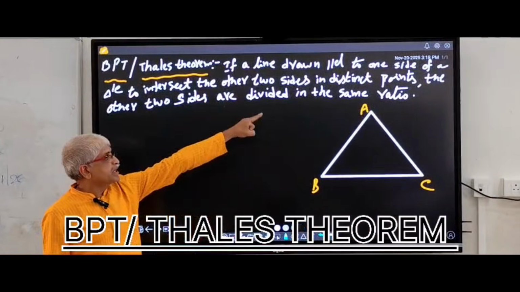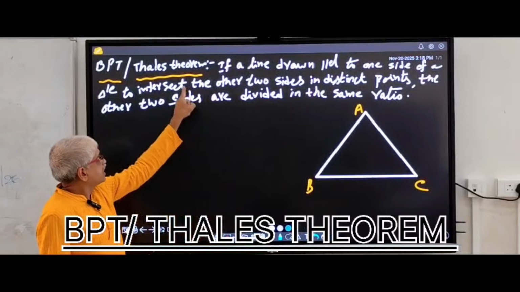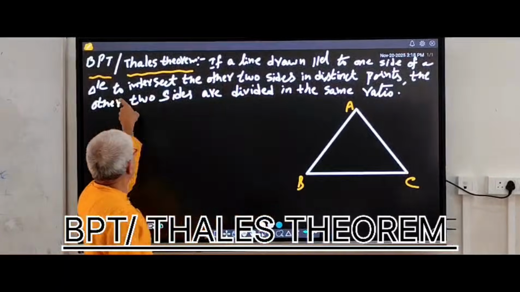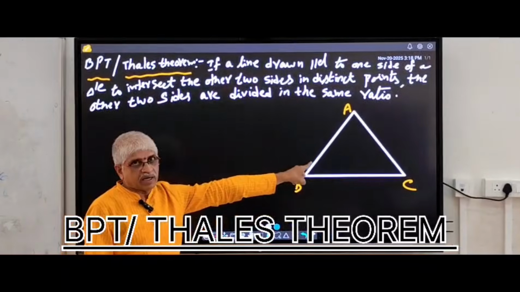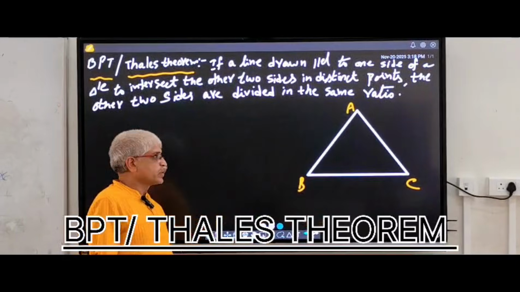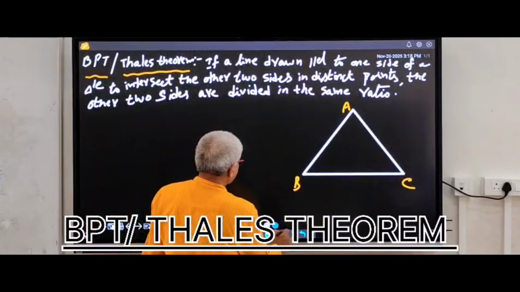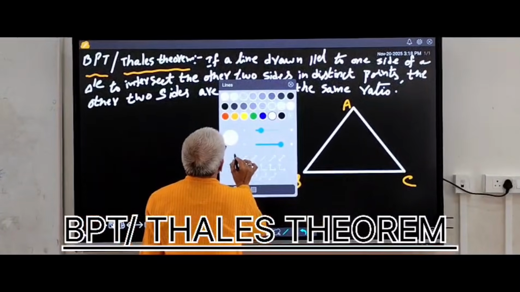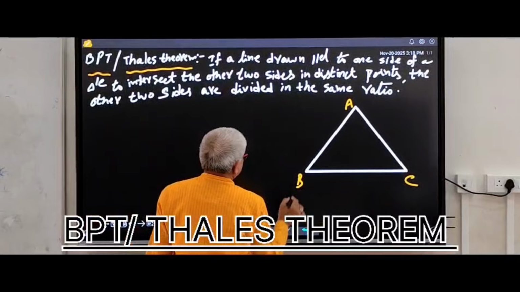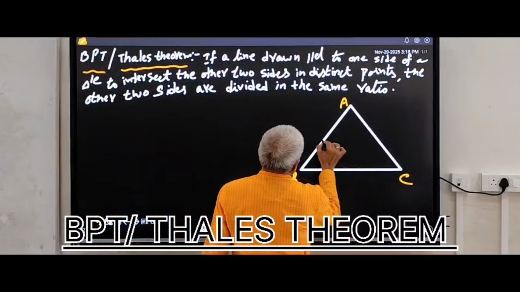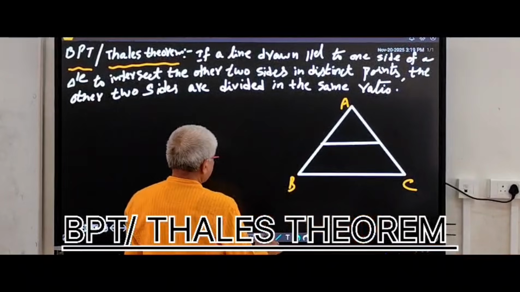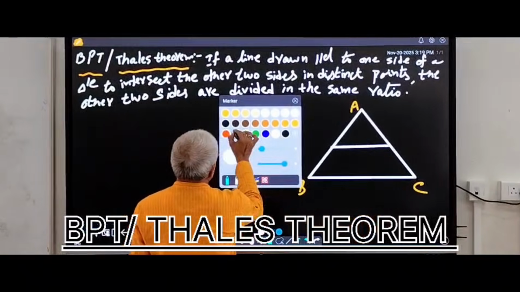Along with the statement, I am trying to draw the figure. If a line is drawn parallel to one side of a triangle, so a triangle I have, now we are going to draw a line which is parallel to one of these sides. Let me name this side.